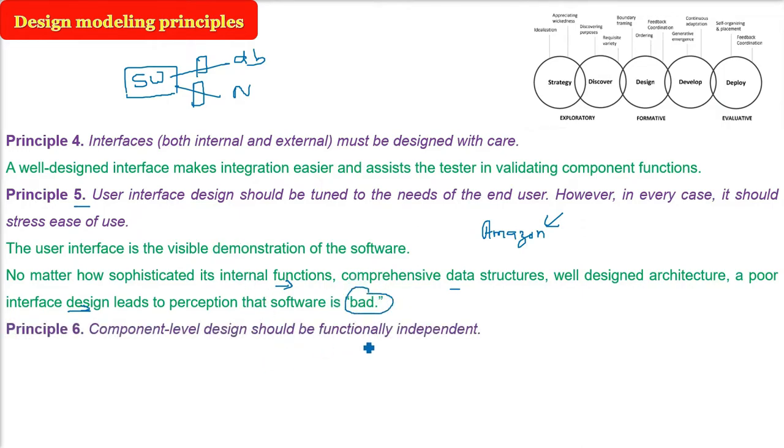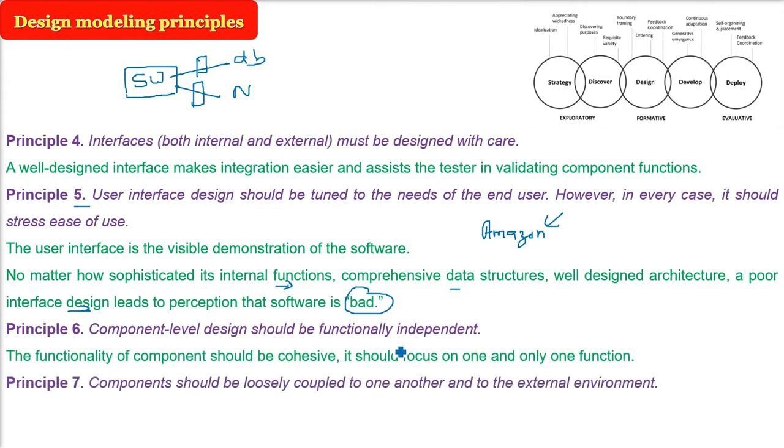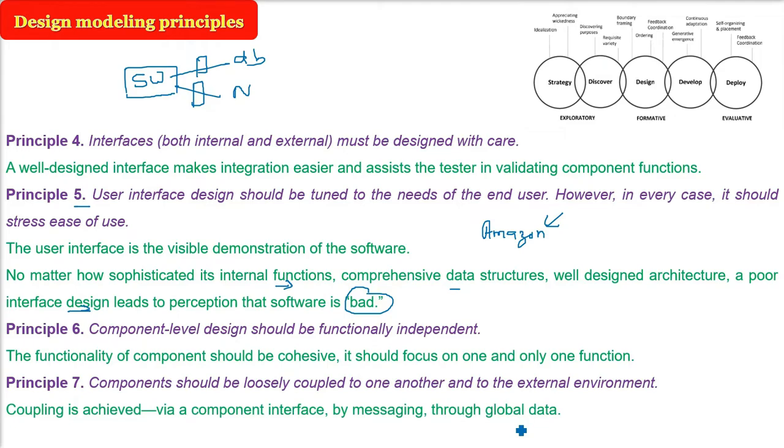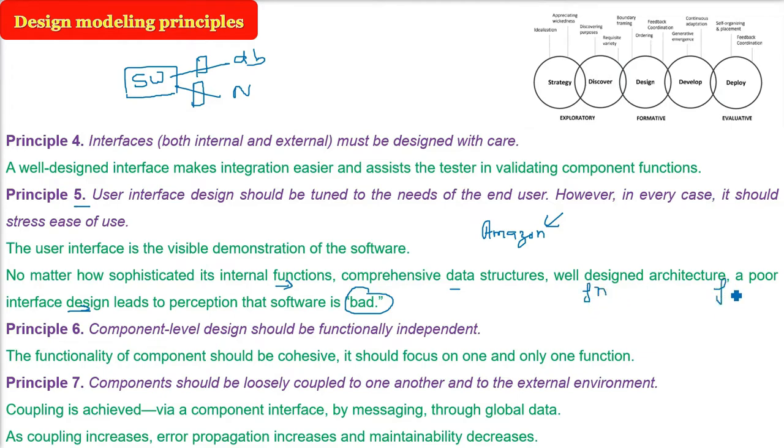Component level design should be functionally independent. And then components should be loosely coupled to one another and to the external environment. So you need to understand, I'll give you an example and then try to tell you the difference. You made two functions. The first function is, say, database connectivity. The other function you have made is for network connectivity, for example, TCP and UDP you have implemented.